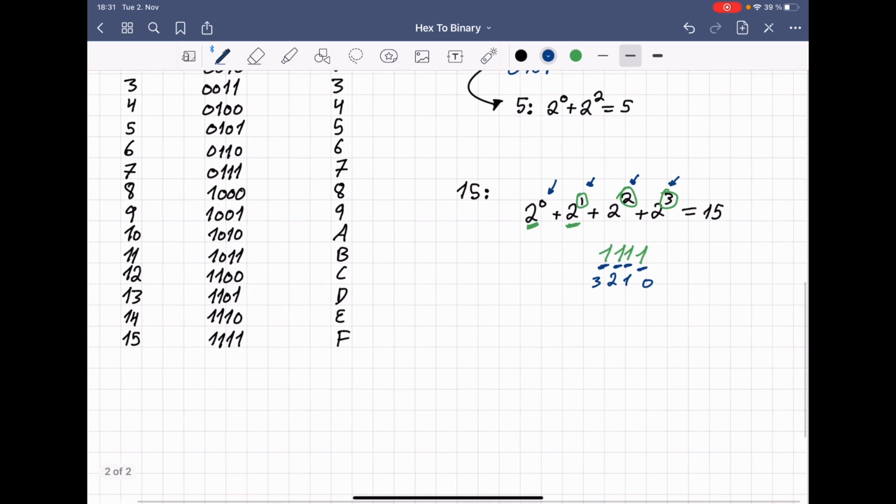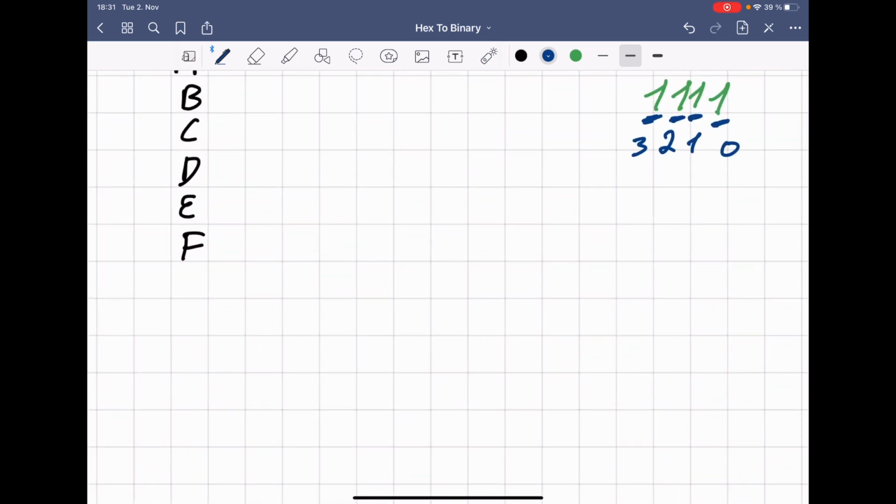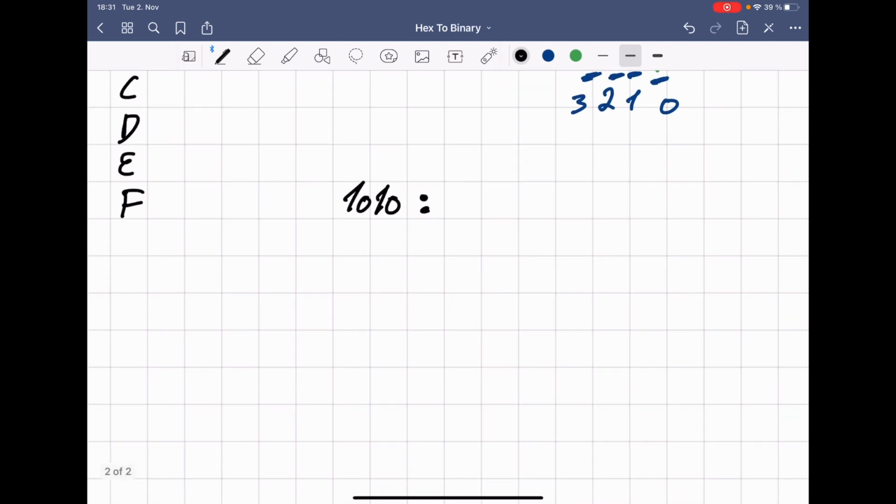So another example, I'm going to look at the number 10, since it may be easier for you to understand. The number 10 is in binary 1010.